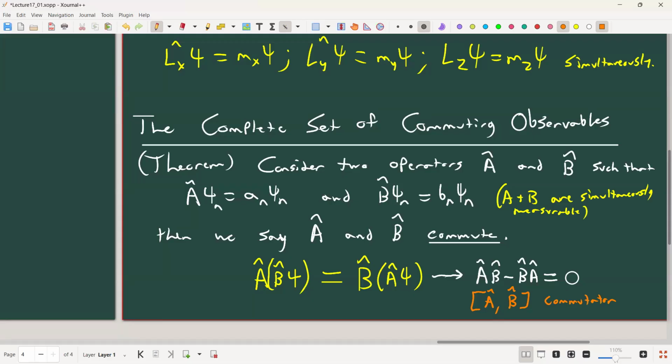And all this is saying is I'm comparing the result of my measurement between measuring B first then A and A first then B. You kind of did some work with this idea on the first problem set where I had you feed one thing through one box and then feed it through another, and then you swap the boxes and you saw that the result was the same or different. You're just evaluating commutators.